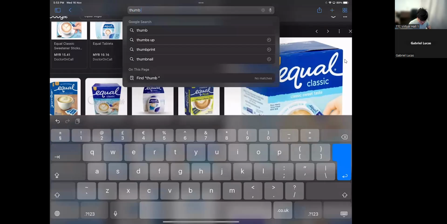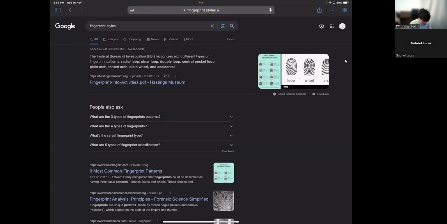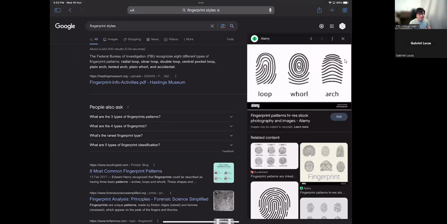Okay, your thumbprint type, fingerprint style, is it called? There. You see, I think there's only 3 or 4 shapes. Okay, and then you see the loop one, and then there's a roll, and then there's the arc one. I think there's a mixture also.